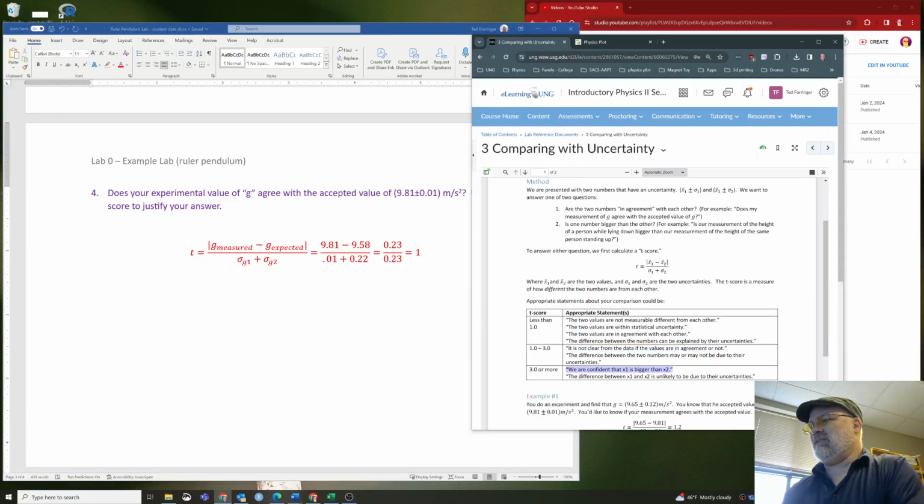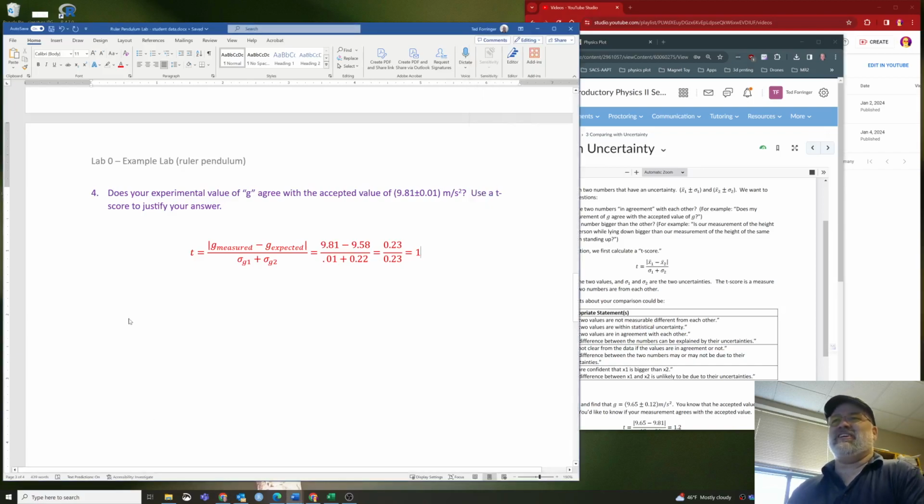If we got that it definitely disagreed, then that would be a surprising result because we think G really is 9.81, and so if our data gave us a different G, that would be weird. But it didn't.